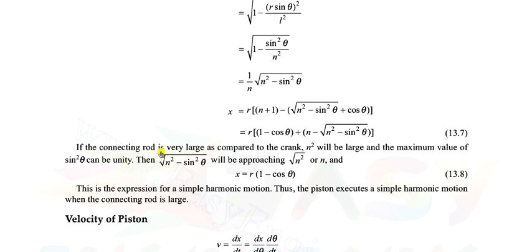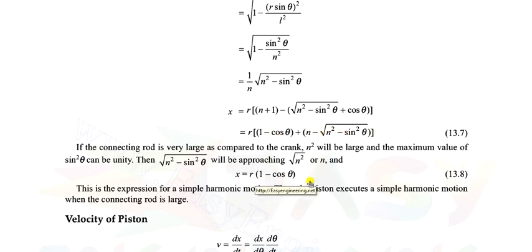So this square root of n square minus sin square theta will approach n square, because n square is very large and sin square theta is at most 1. In comparison to n square, sin square theta can be ignored, so this becomes square root of n square, which is n. So n minus n becomes 0.